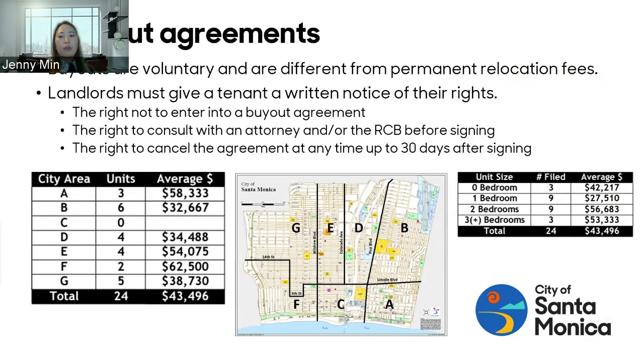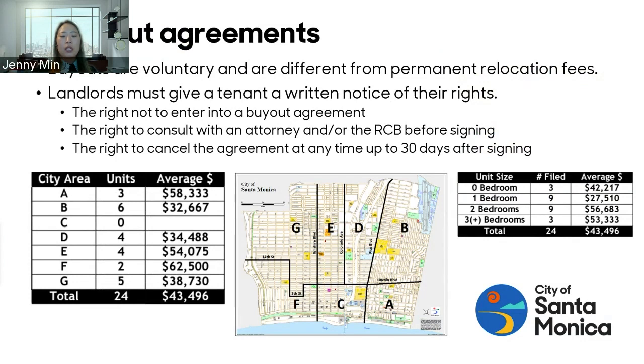Next slide. So buyout agreements are another way that landlords could get the tenant to move out, and buyouts are voluntary and different from a permanent relocation fee. So this is just an agreement between the landlord and tenant.